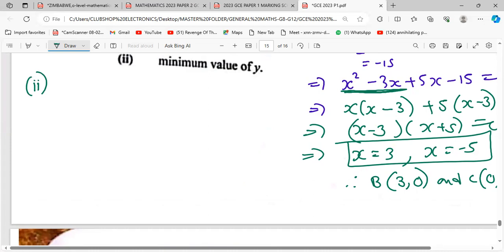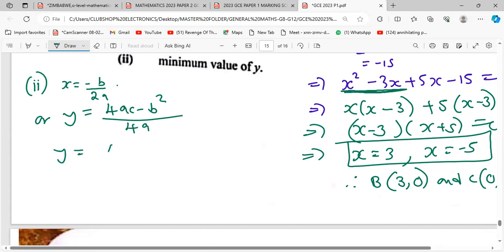All right. Roman numeral 2, we need the minimum value of y. The minimum value of y can be found by finding the point of x, then whatever value you find, you substitute. Or you use the formula: y is equal to 4AC minus B squared, divided by 4A.